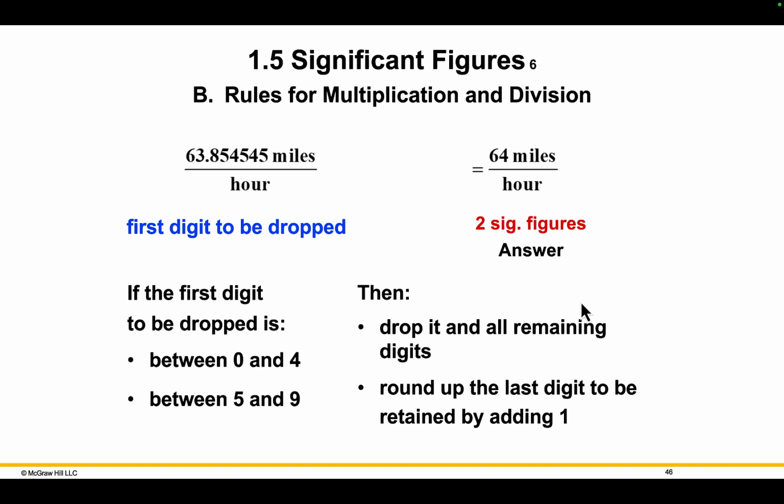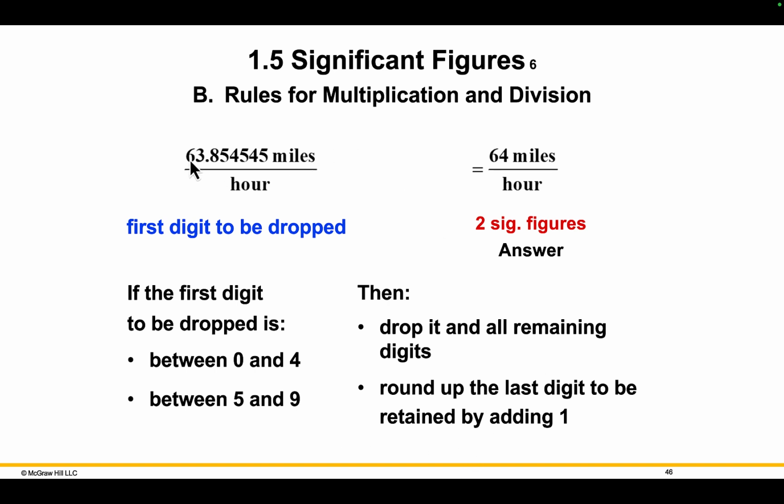You also need to make sure when you do this that you round appropriately. And so the way that you do that is you look to the first digit to be dropped. If that first digit to be dropped is between 0 and 4, then the last retained digit is going to stay the same. If it's between 5 and 9, you're going to round that last digit to be retained up by 1.